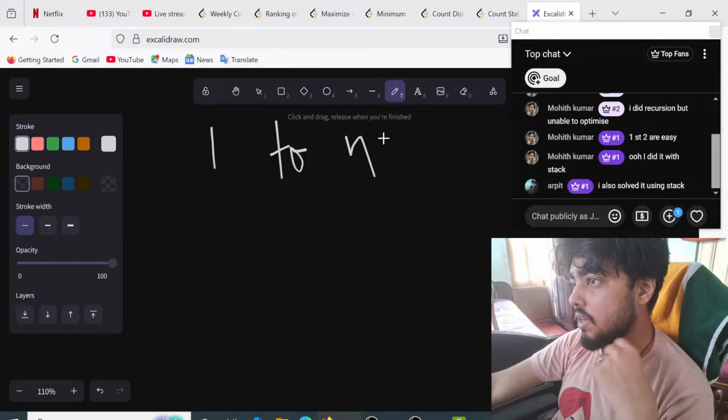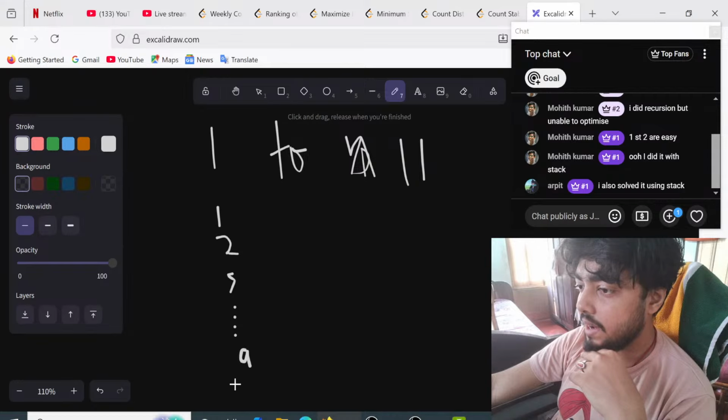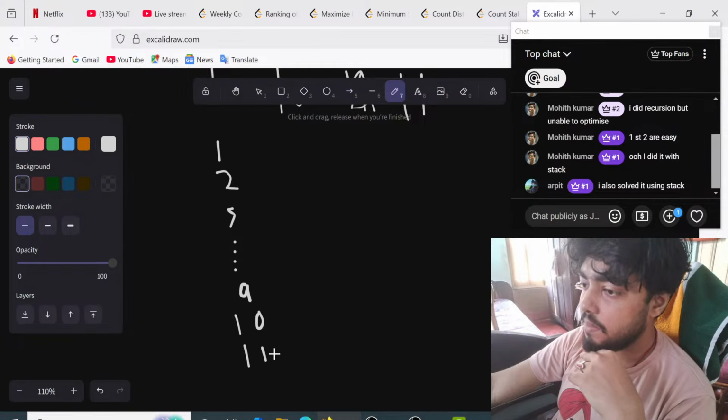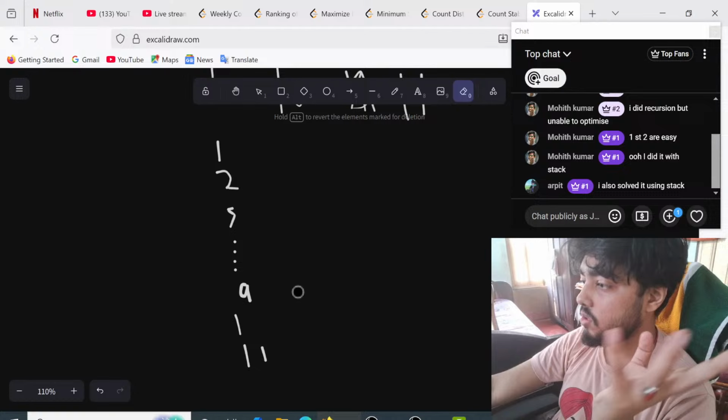So let's say from 1 to 11, n is 11. So 1, 2, 3, and you go on writing, then 9, and after 9, you write 10, right? And then you write 11, right? But you can't write 10, you have to write it as 1 because you don't know how to write zeros.